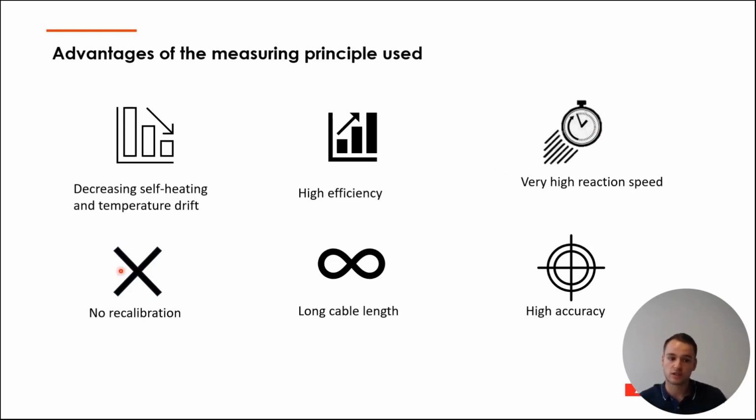Usually the sensors don't need a recalibration because they are calibrated directly on the wafer, which could save you a lot of money. Also, sensors with a duty cycle as an output signal are available with really long cables because, like I said in a few slides before, the cable length doesn't affect the accuracy of the sensor. For example, if you compare it to a PT100 or PT1000, then it's just a resistor, and the resistance changes with temperature.